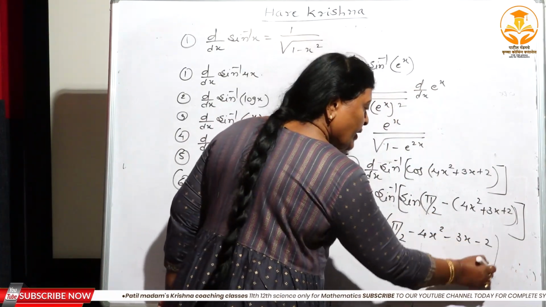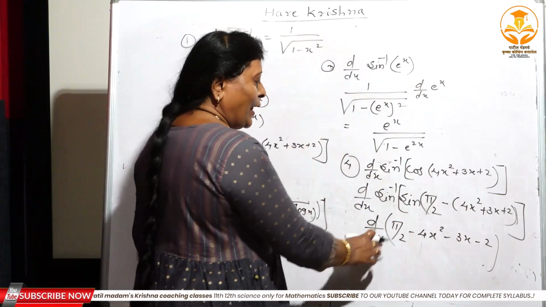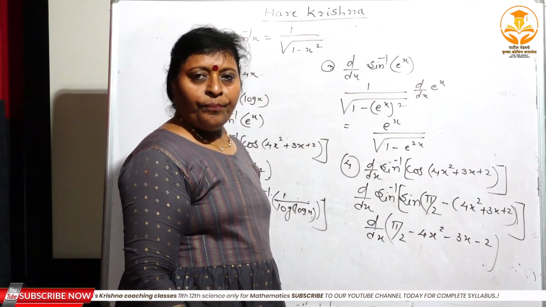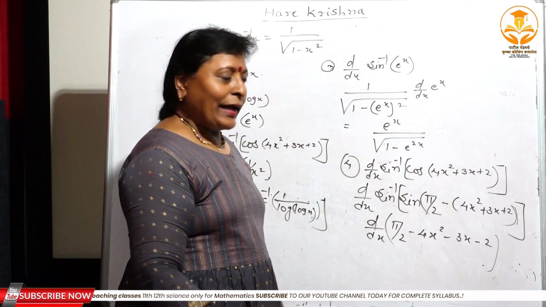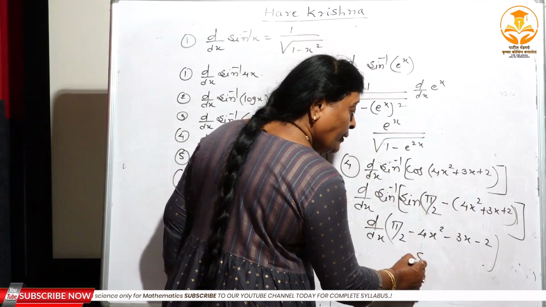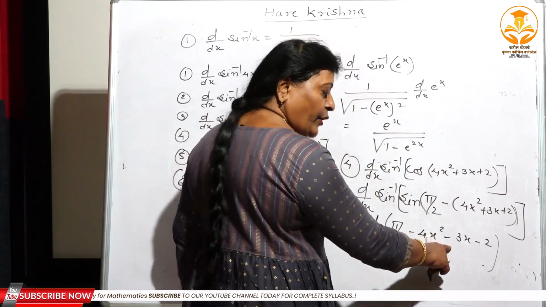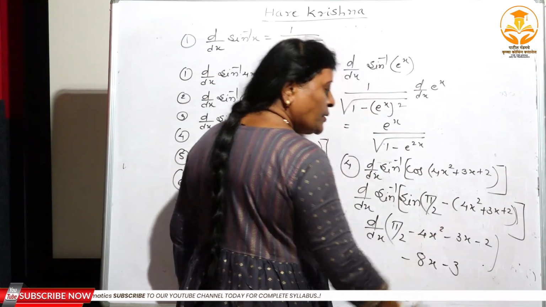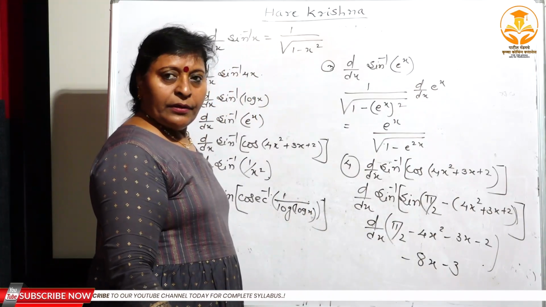Right? Now it is very simple to find the derivative. The derivative of pi by 2, that is constant, and what is the derivative of a constant? That is 0. What is the derivative of minus 4x square? That is minus 8x. And what is the derivative of minus 3x? That is equal to minus 3. So it's very simple, isn't it?